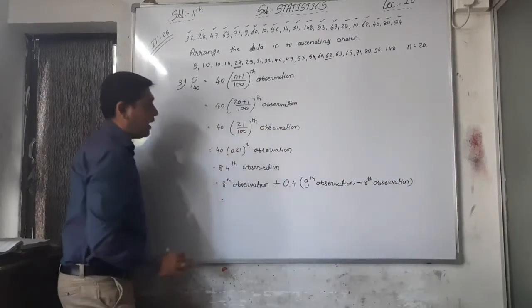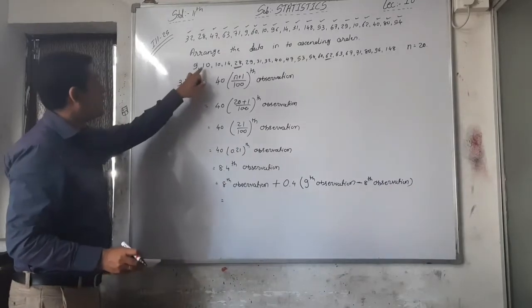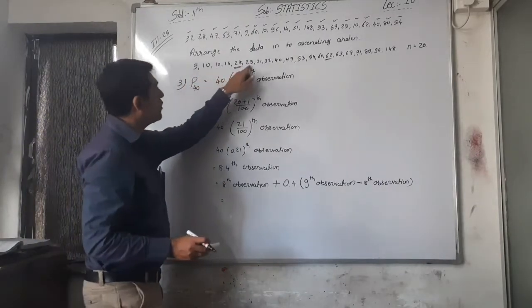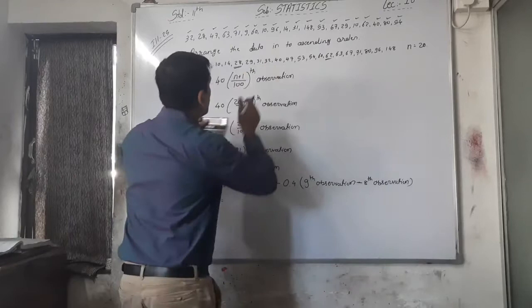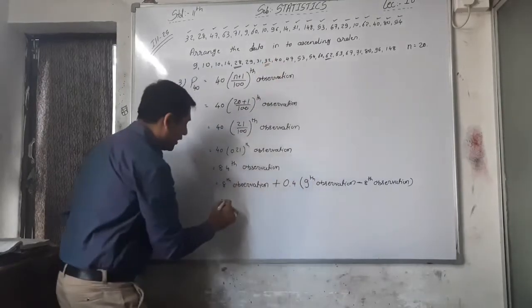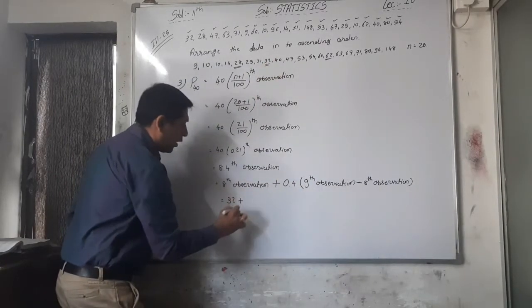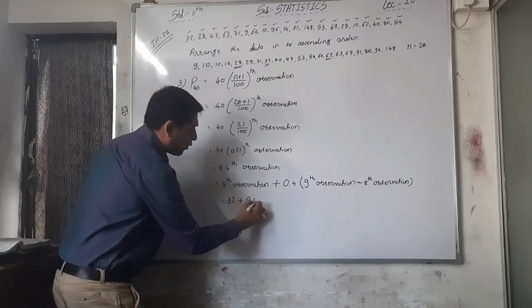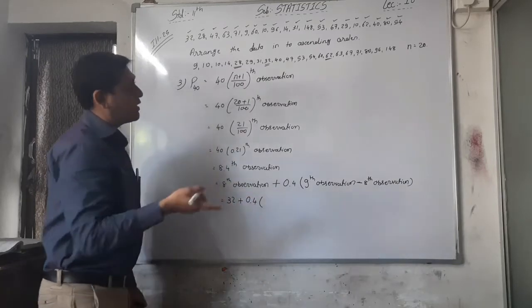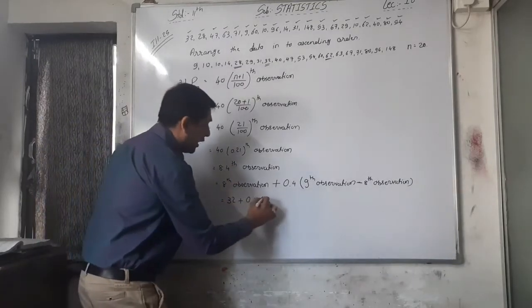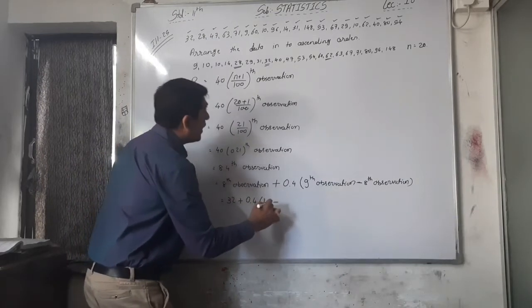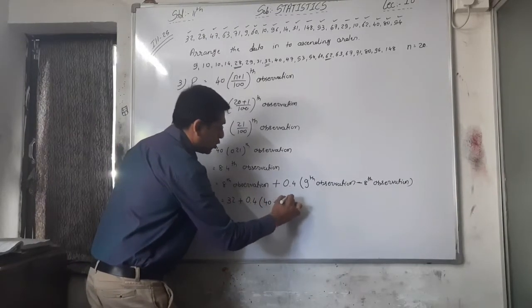Okay, so what is 8th observation first? First, second, third, fourth, fifth, sixth, seventh, eighth. This one is the 8th observation, that is 32 here plus 0.4 into bracket. Next one is the 9th observation, that is 40, minus the original observation, that is 32.